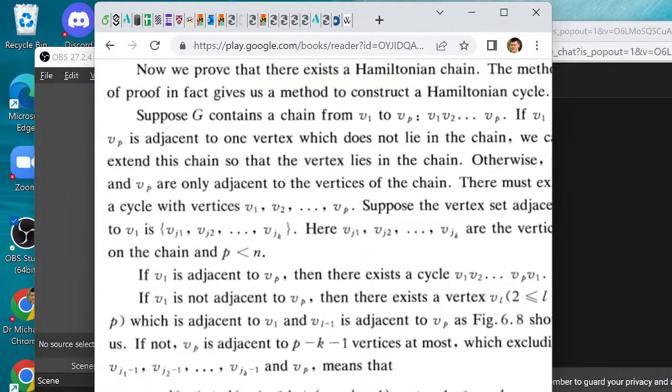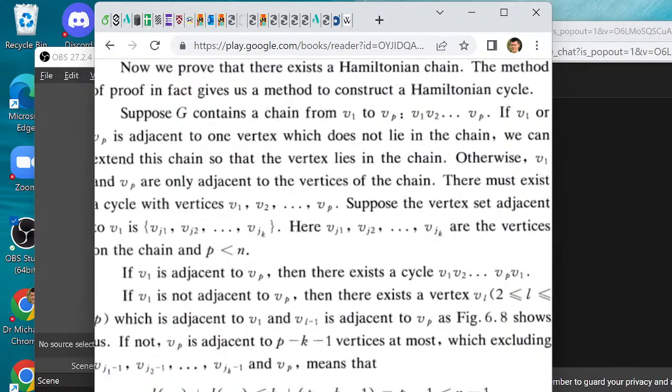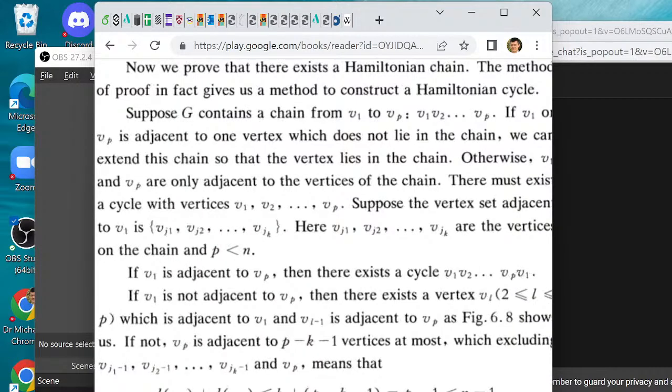If V1 or Vp is adjacent to one vertex which does not lie in the chain, we can extend this chain to the vertex. Even if it doesn't contain that chain, you could just start it yourself. You could start at any vertex, it's connected to something, go there, and then you look at those 2 vertices. If they're connected to stuff, you can just keep extending the chain.